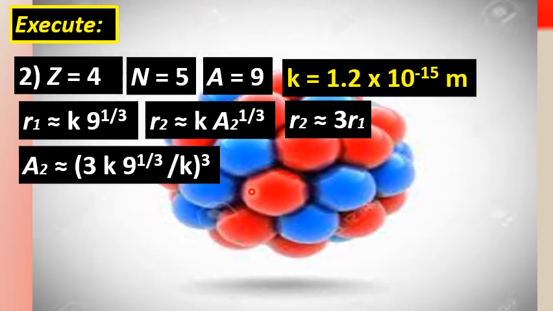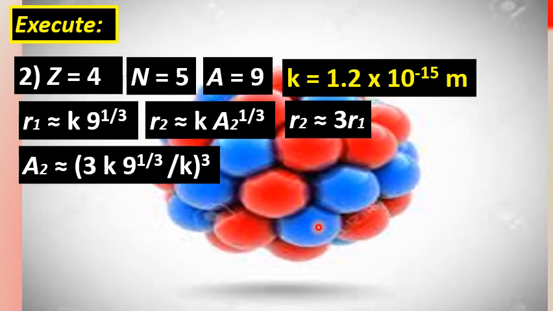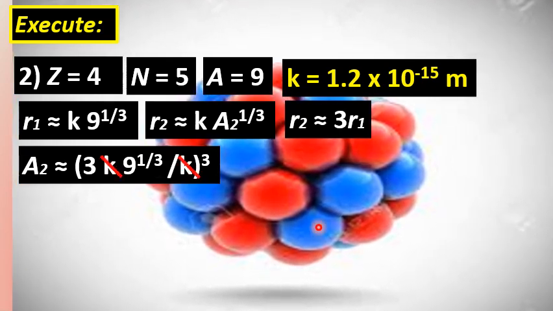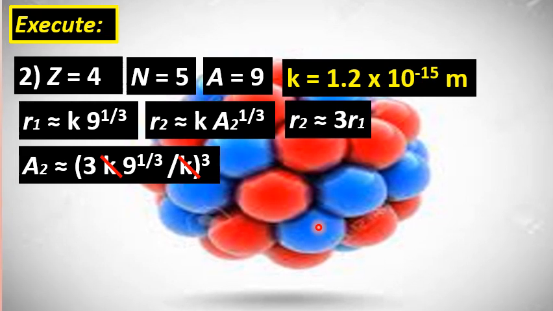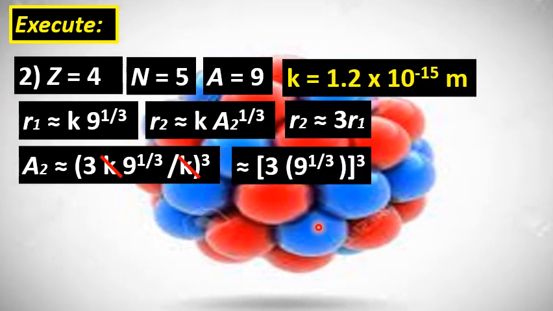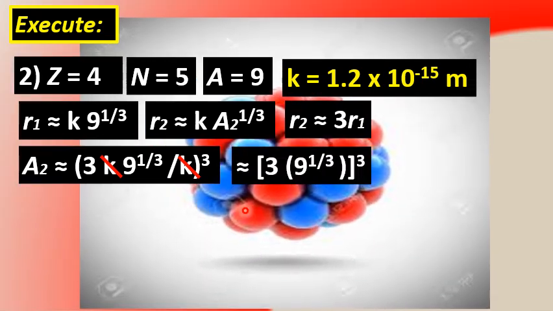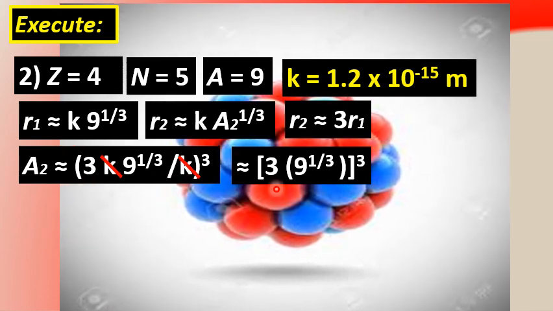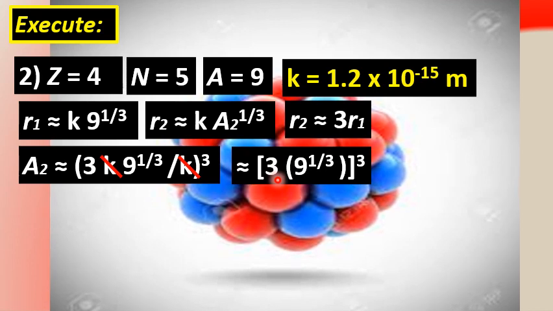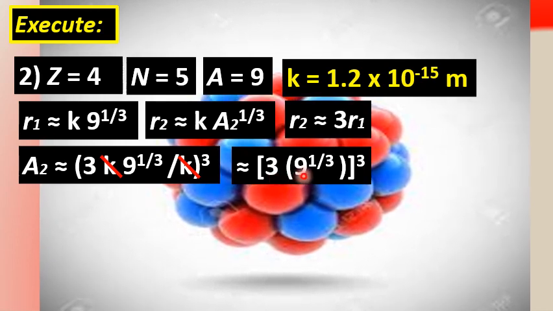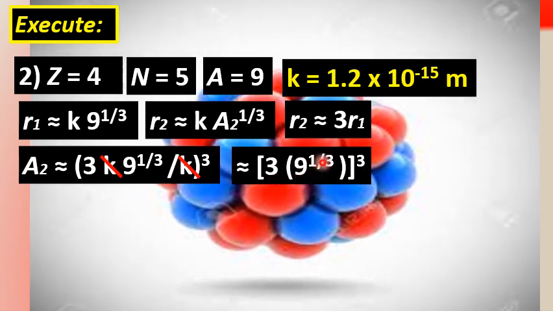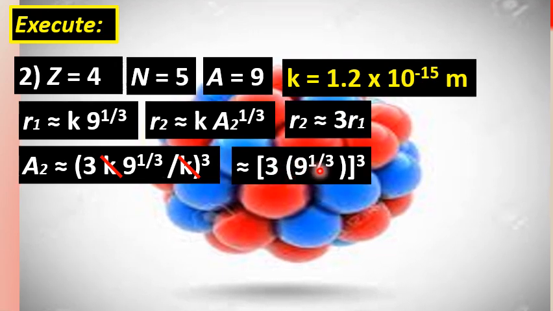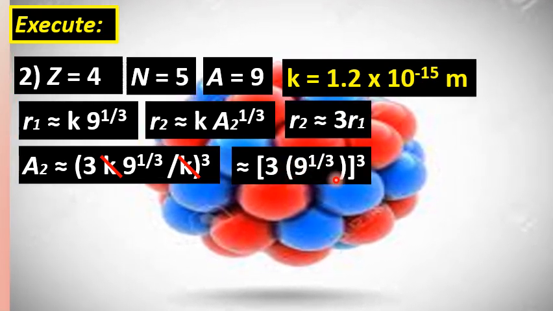If we simplify by canceling the constant K, the simplified version for A sub 2 will be the bracket 3 times the cube root of 9, and the quantity inside the bracket still has to be cubed.